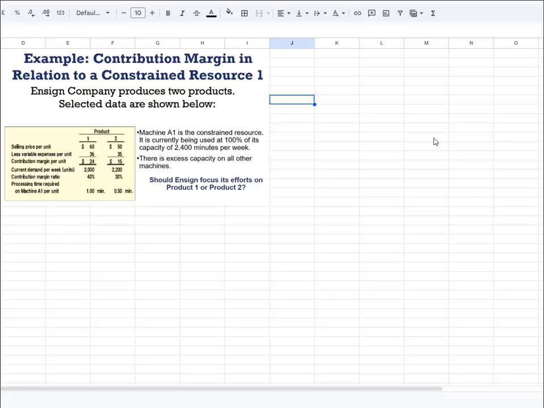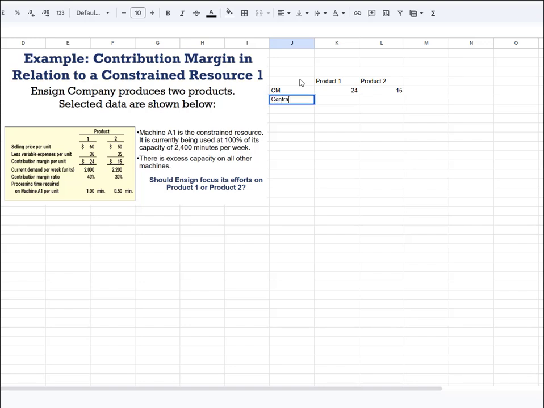All right, so we have product 1 and product 2. Let's shift this over by 1. And we see that they have a contribution margin of $24 and $15 respectively. But we have a constrained resource.